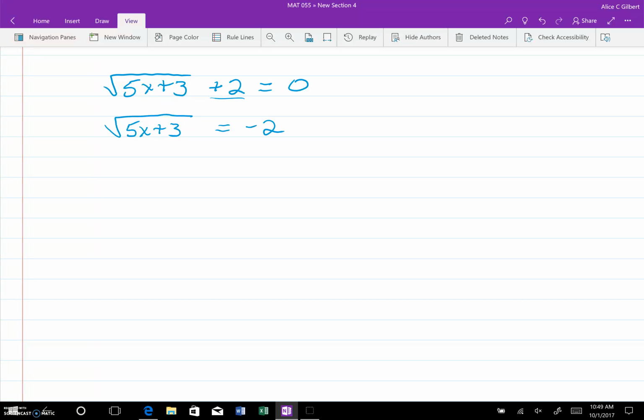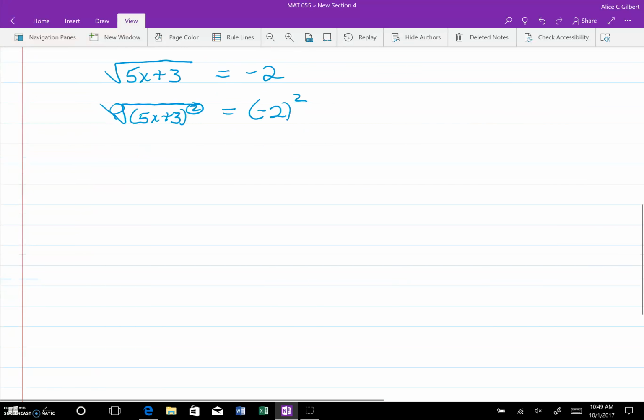So I subtract him from both sides, so it gives me the square root of 5x plus 3 equals -2. Okay, now I can work on getting rid of the radical, but he has to be by himself on one side or the other, doesn't matter, before I can work on getting rid of him. So once again, it's a square root, so I'm going to square this so that my exponent and my index match. But if I do that on one side, I have to do it on the other.